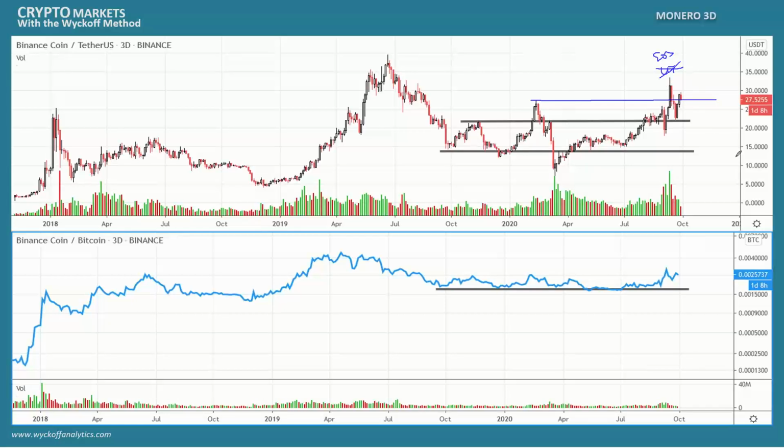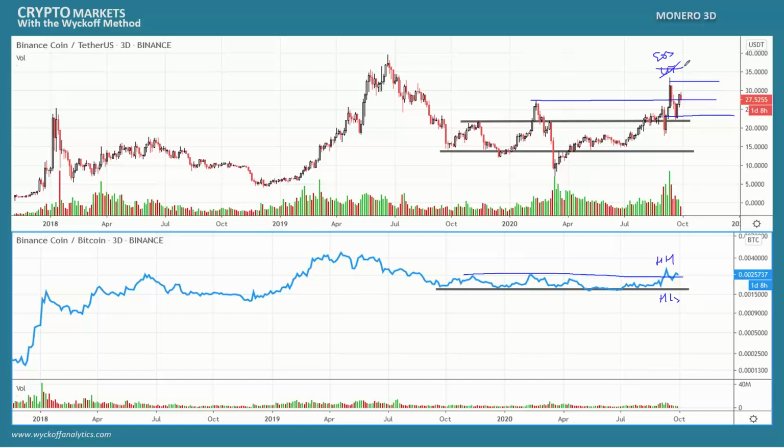The point here is that we are making now a higher low, but I think that the supply that has emerged right on the top of the formation suggests that we want to see some kind of consolidation. By the way, the relative ratio chart is very, very constructive, and I really like the fact that we are making higher highs and higher lows in sync with the market. So basically, same story.